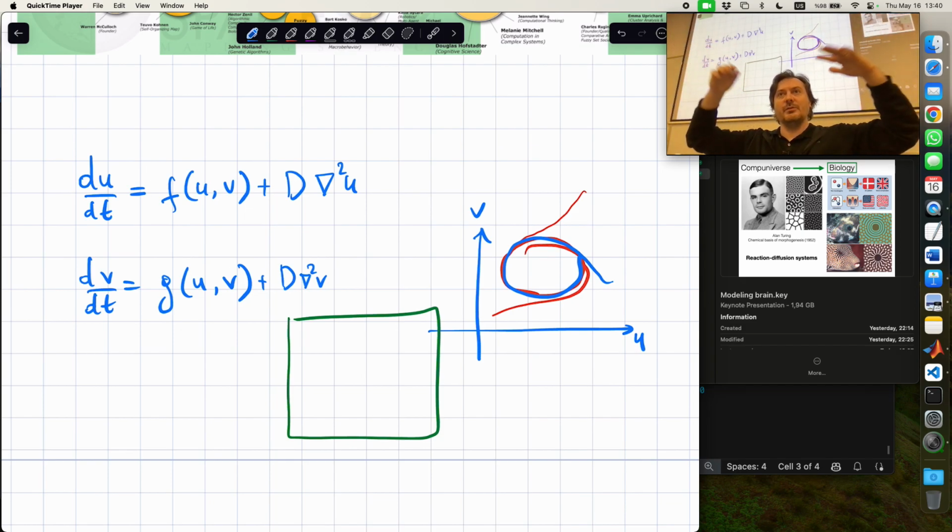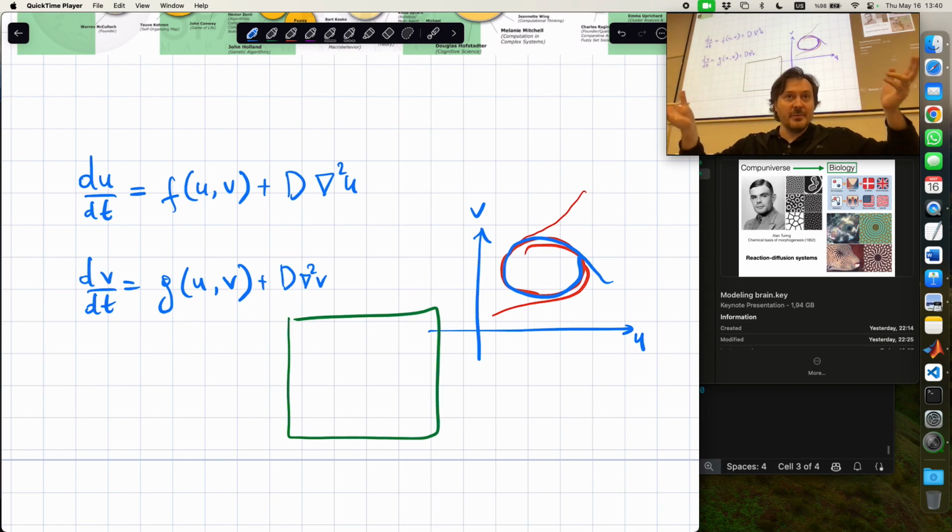So you can think of this U and V as chemicals, maybe. They interact and they form an autocatalytic set. And as they diffuse, in one place it's an oscillatory chemical reaction, right? While in here, maybe it's in the zero phase. Somewhere here, it's in the pi over 4 phase. Am I making sense? So you create waves that also go to other places.